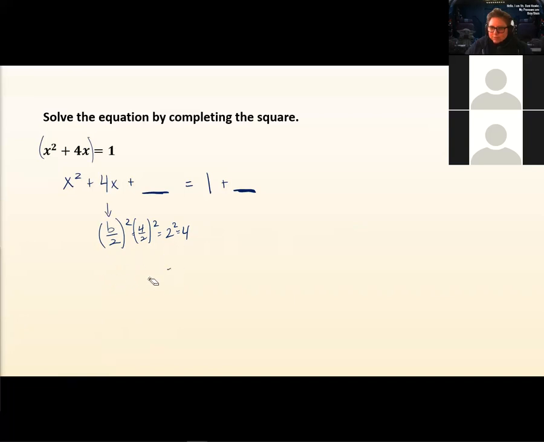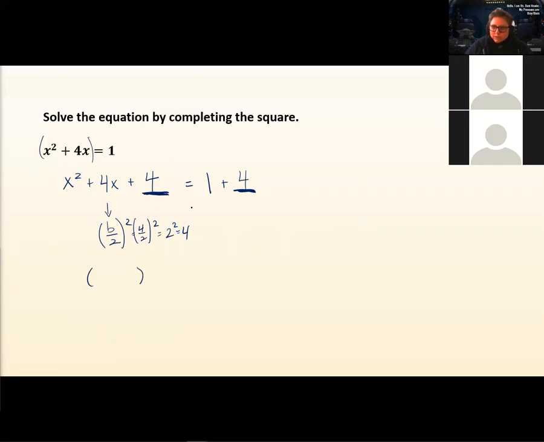Okay, give myself a little bit more room down here. All right, so if we're adding 4 to this side, we also have to add 4 to that side. That's why I put these little placeholders here. So now we have our perfect square. Now this is factorable. What's this factor to?